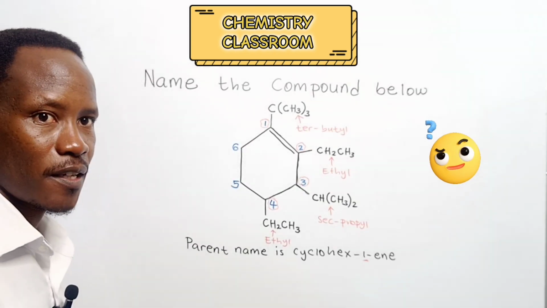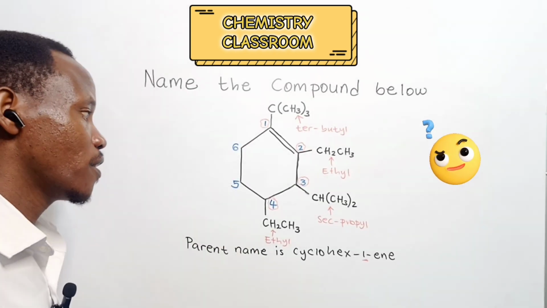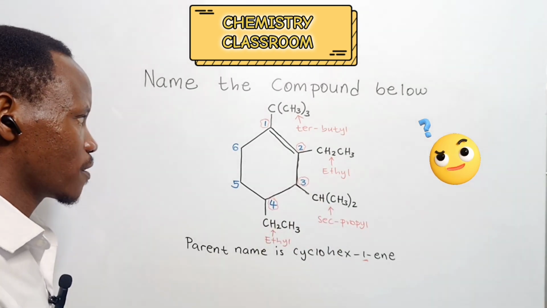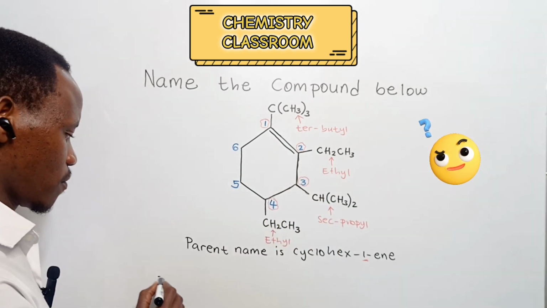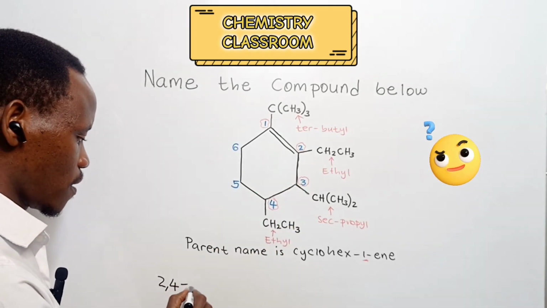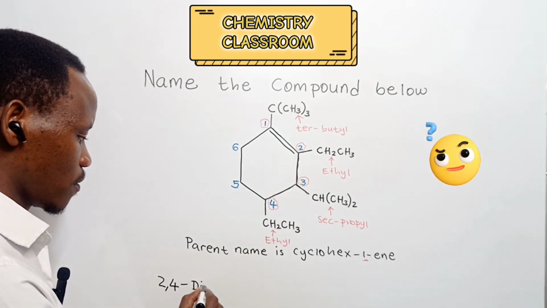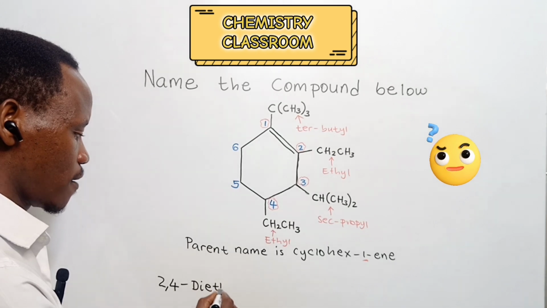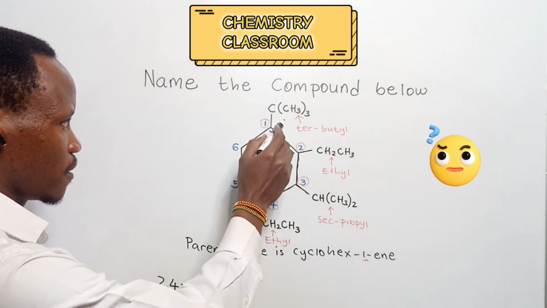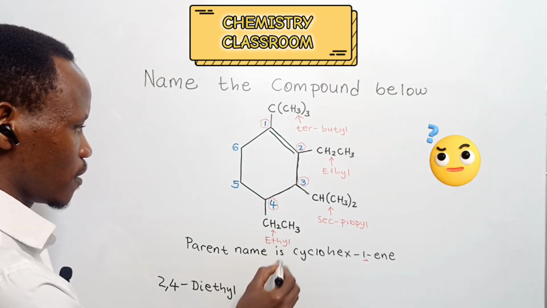At this point, we can now write down the name of our compound by respecting the alphabetical arrangement of the different groups, as on position 2 and position 4, there are 2 ethyl groups. So for that case, diethyl. And the secondary propyl is alphabetically superior to the tertiary butyl.